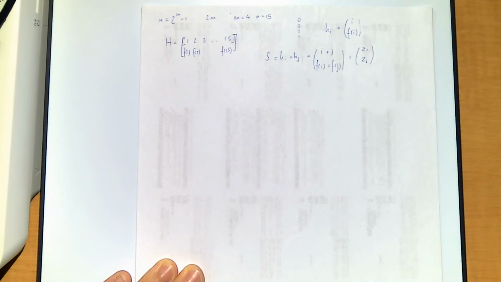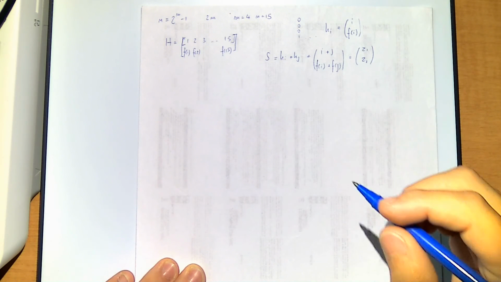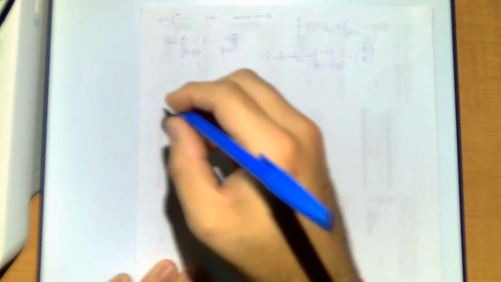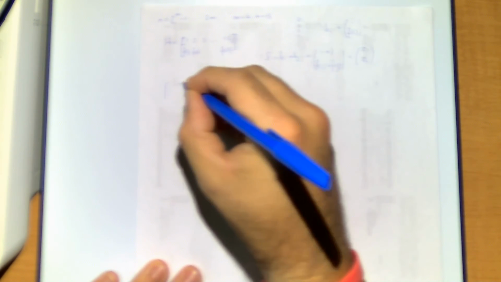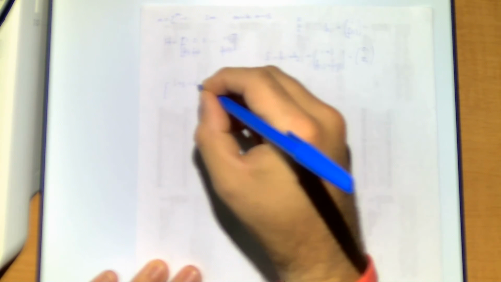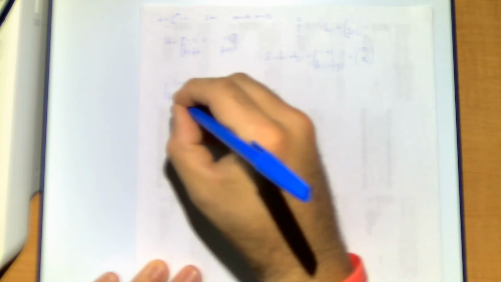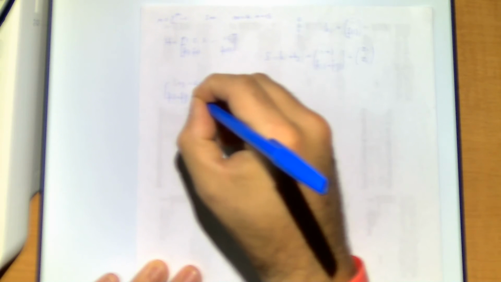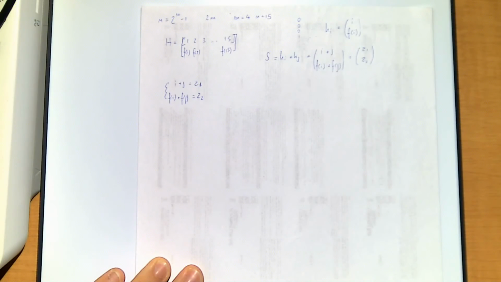How can I choose f so that the decoder can find exactly what i and j are? If I can find i and j, then I have the 2 error positions, and I'm done. So I want to be able to solve the system i plus j equals z1, and f of i plus f of j equals z2, for given z1, z2.